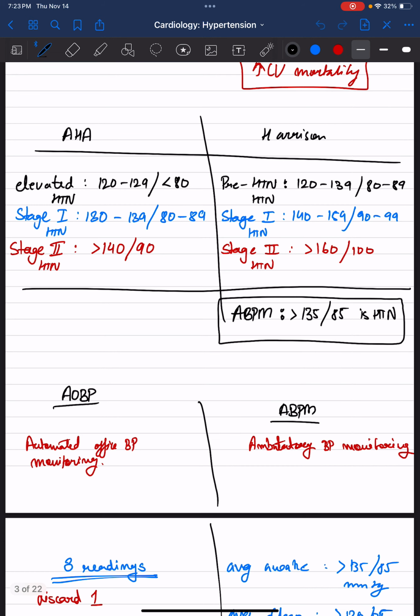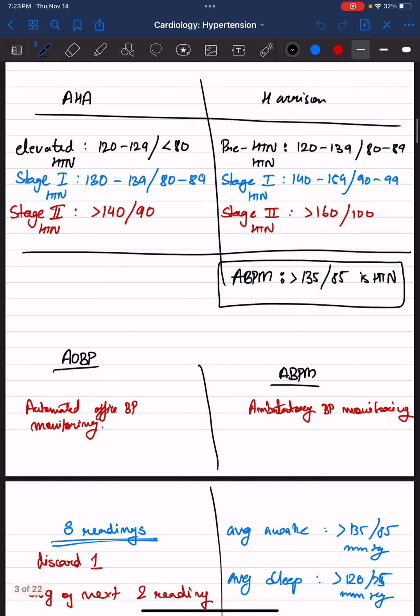Elevated is when the BP is between 120 to 129 systolic and diastolic is less than 80. Stage 1 hypertension is when the systolic BP is 130 to 139 and the diastolic is between 80 to 89. Stage 2 hypertension is when the BP is more than 140 by 90.